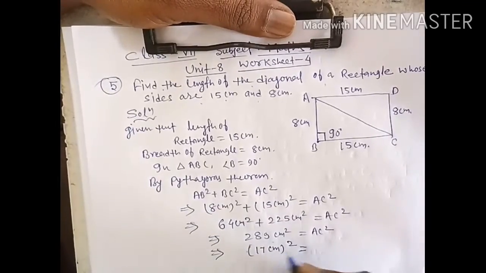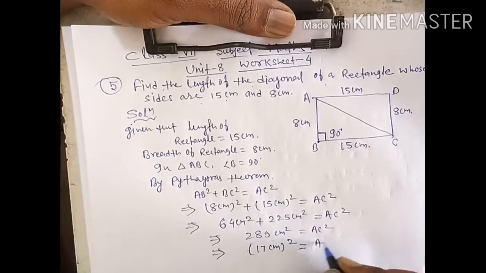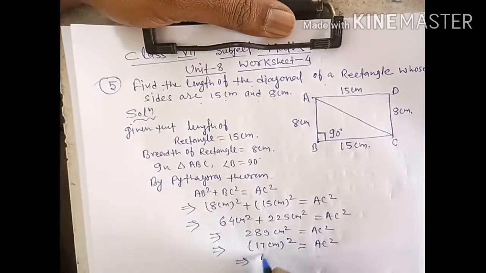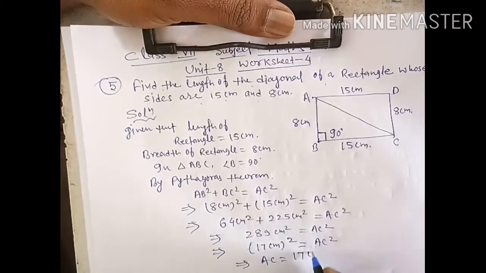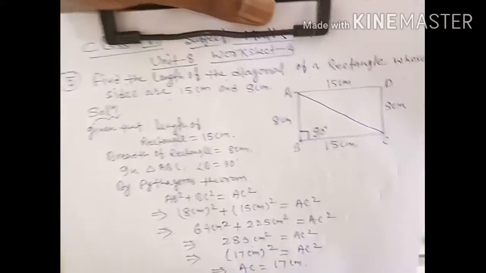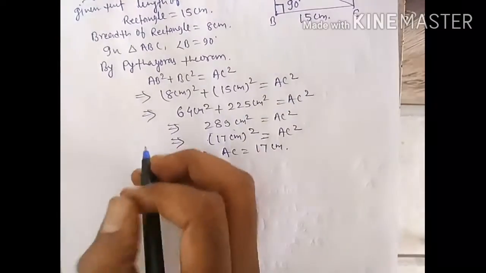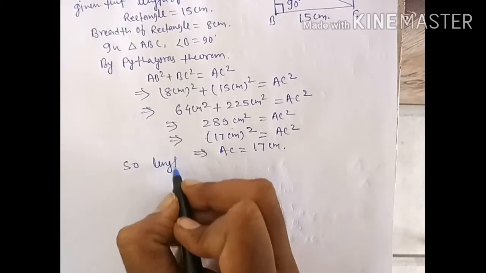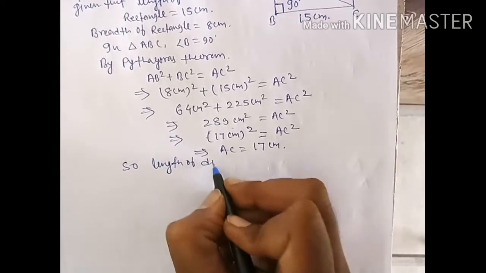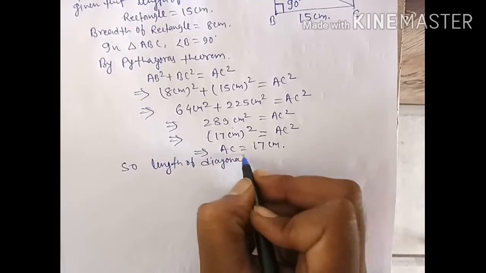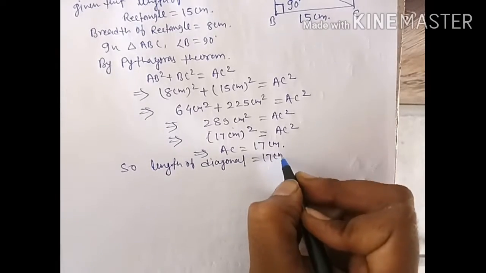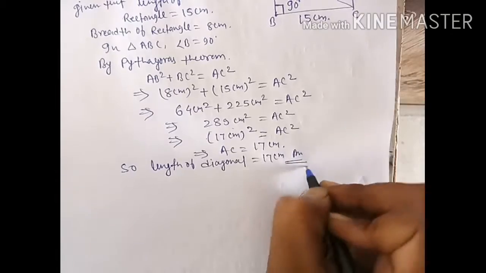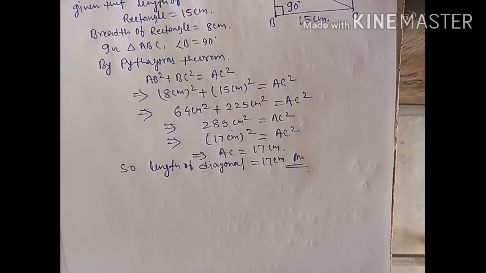So we can write 17 cm whole square is equal to AC square. So AC is equal to 17 cm. So the length of the diagonal is equal to 17 cm. This is the answer. Now question number 6.